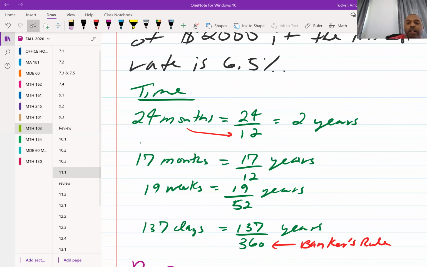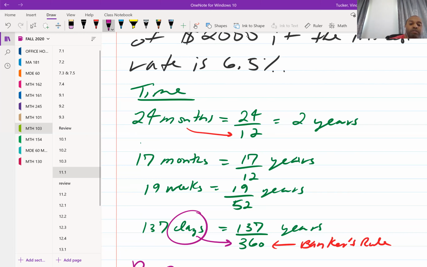The only thing you may have to remember is that if you're dealing with days, you have to use 360 instead of 365, because of Banker's rule. Some say they use 360 just because it's a more even number than 365. I also read somewhere that there are five legitimate holidays that they recognize, so that's why they took the five off of 365.